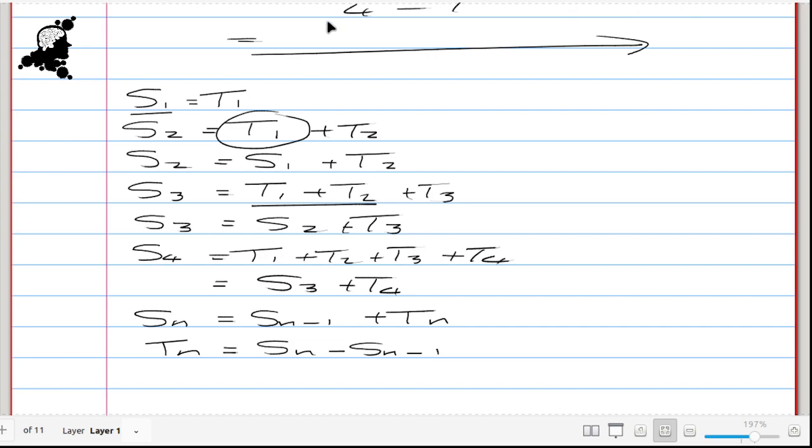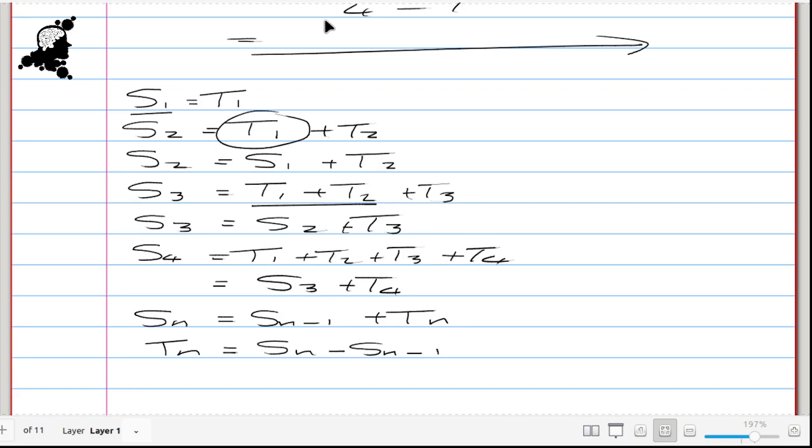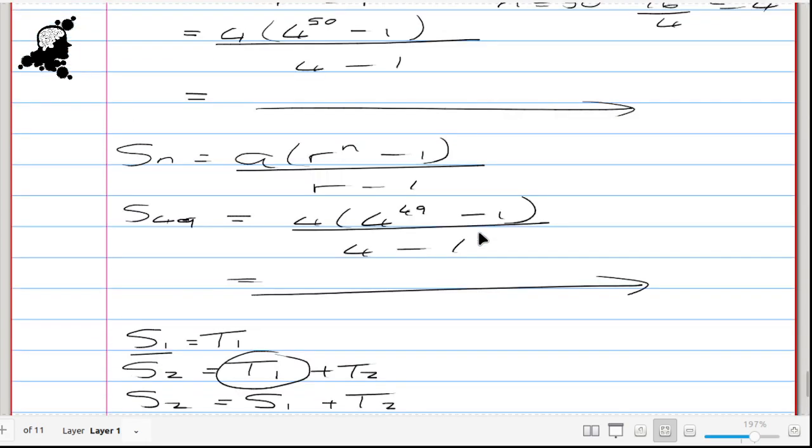Let's check the question. We need to determine T50. So, to get T50, according to the formula that we just worked out, T50 is going to be equals to S50 minus S49. Now you understand why the question said hence, meaning we have S50 up here.